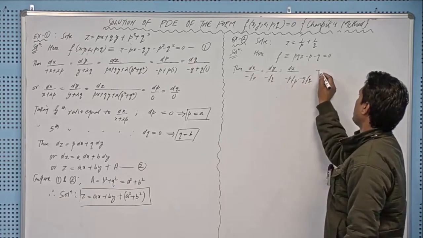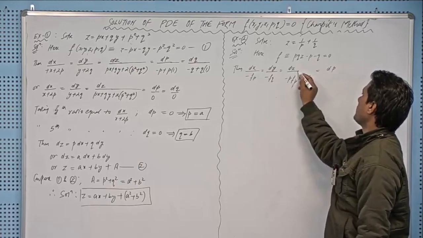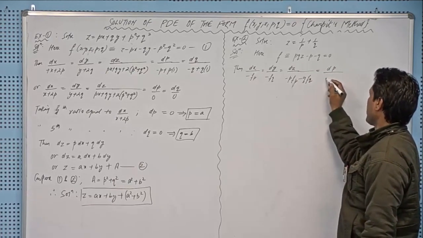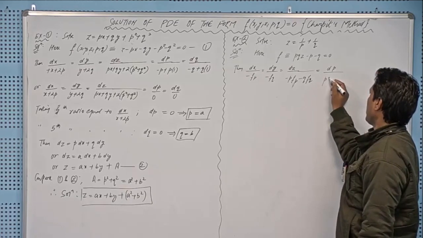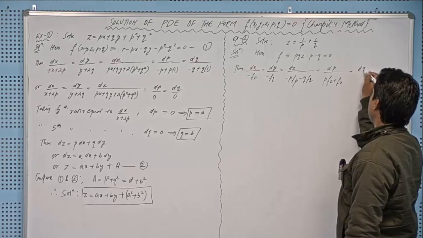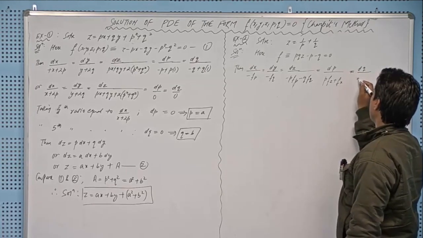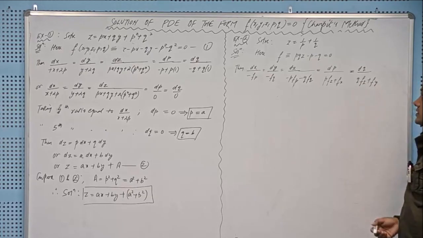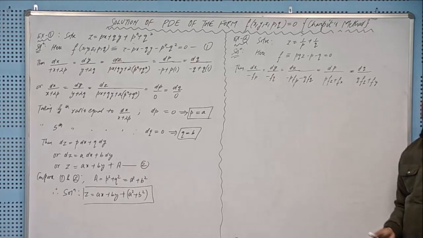And then dp upon p f z plus f x, and dq over q f z plus f y. So remember these 5 ratios.